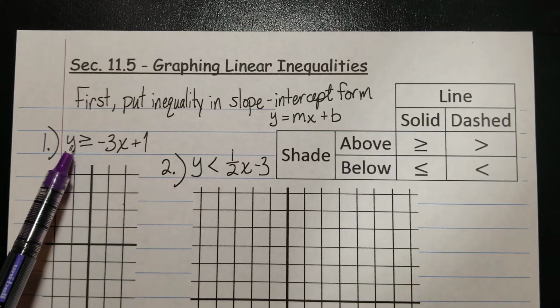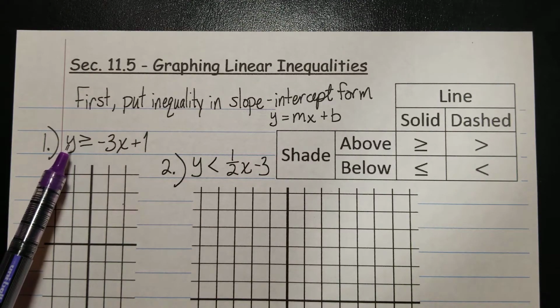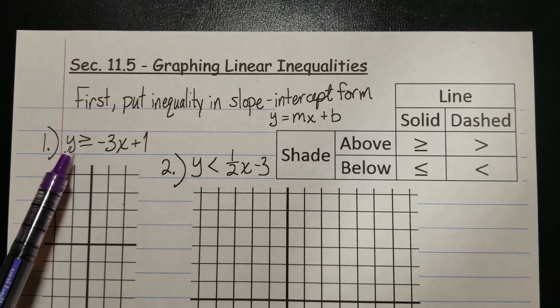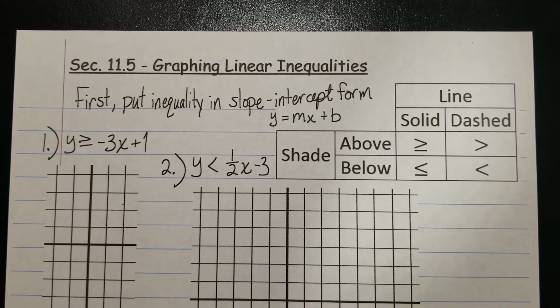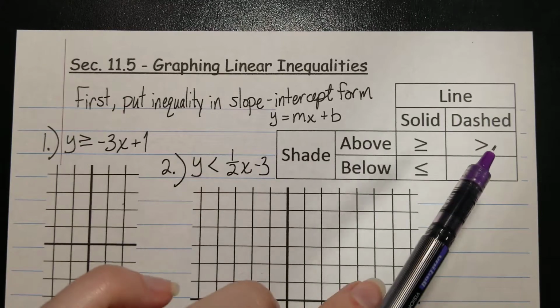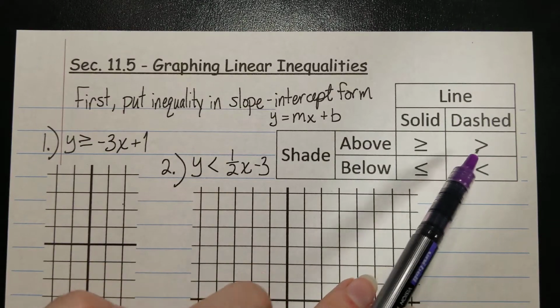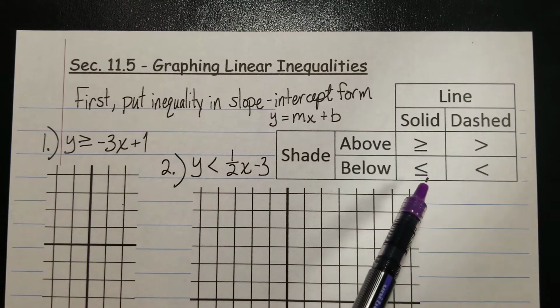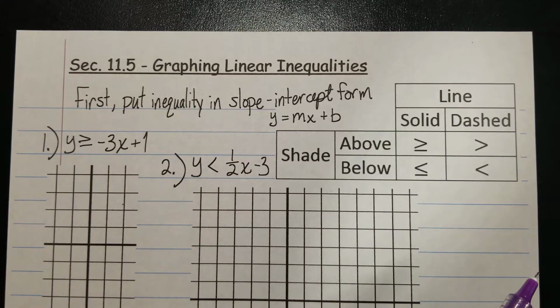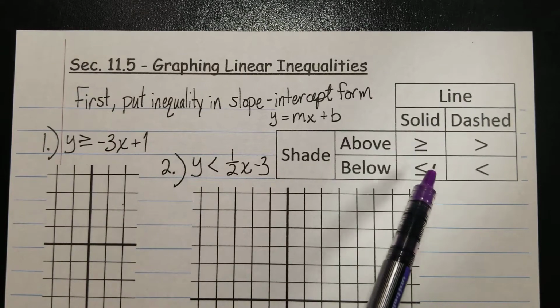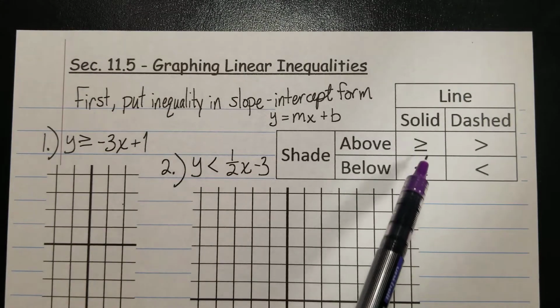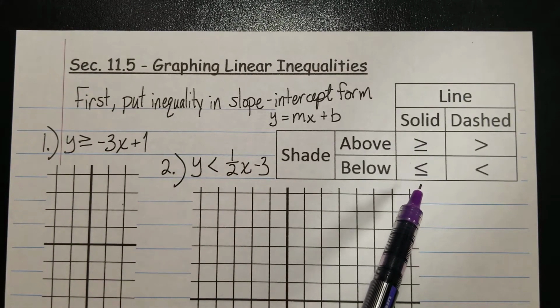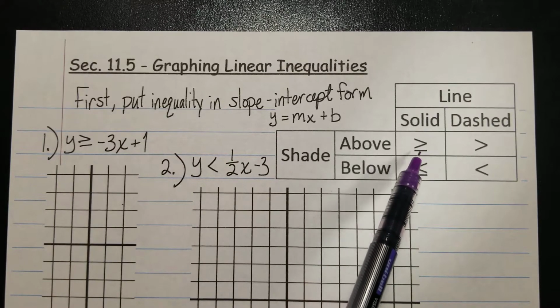Okay, and I think we learned about inequalities before at some point. So you've got greater than or equal to, less than or equal to. If it's an or equal to, that's an inclusive inequality, you're going to draw the line as a solid line.